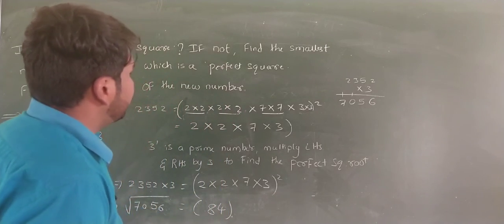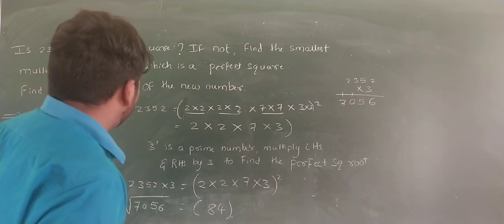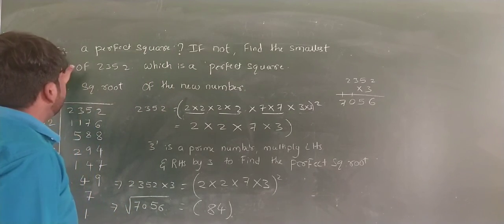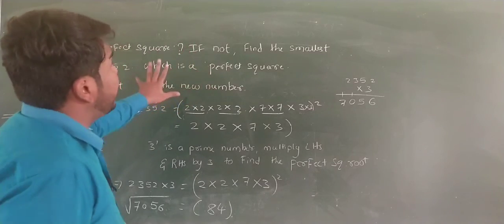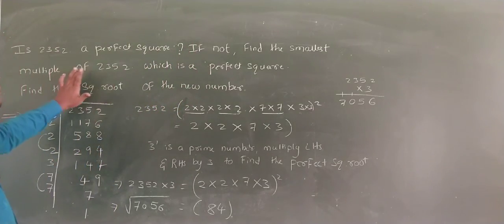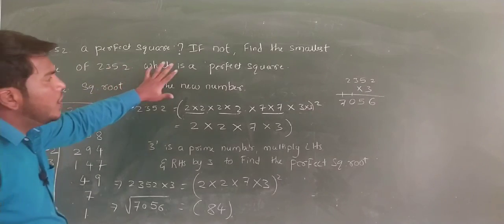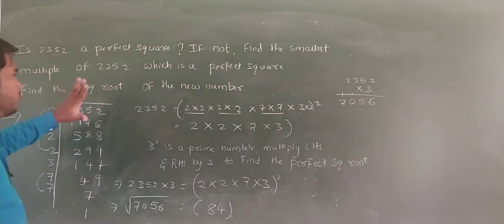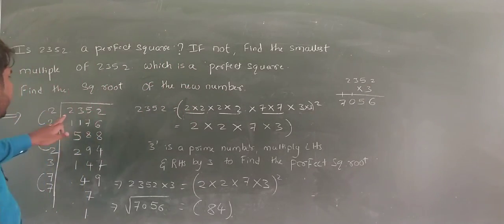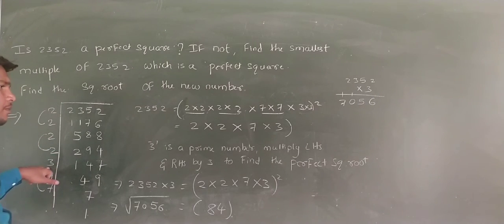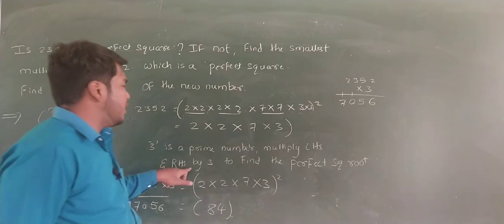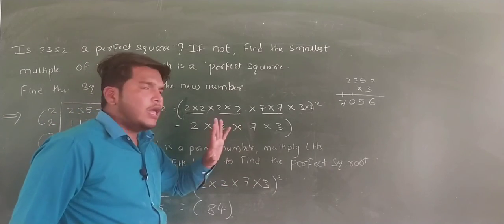I think you understood this concept. Okay, so see once again: is 2352 a perfect square? If it is not a perfect square, find the smallest multiple of 2352 which is a perfect square, and find the square root of the new number. So you have the number 2352. Just do prime factorization. All the pairs are filled, only 3 is not filled. As it is a prime number, multiply LHS as well as RHS by 3 to find the perfect square.